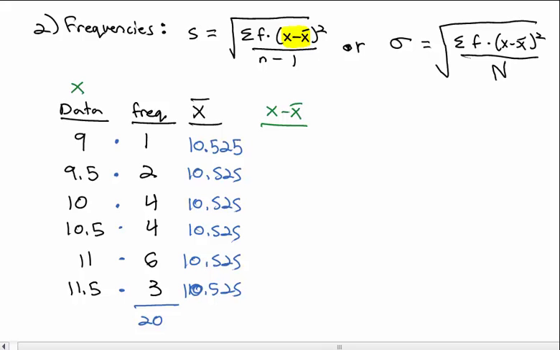We're going to start with 9 minus 10.525, which is negative 1.525. 9.5 minus 10.525 is negative 1.025. 10 minus 10.525 is negative 0.525. 10.5 minus 10.525 is negative 0.025. 11 minus 10.525 is 0.475. And 11.5 minus 10.525 is 0.975.